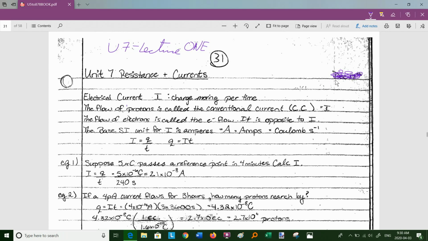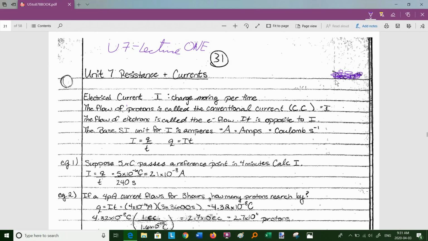So we're using our booklet here. We're on page 31, and let's look at the definition of electrical current. The symbol we use is capital I, and current is something moving per time, right? When we talk about a current in a stream, how much water is moving past a point per second.